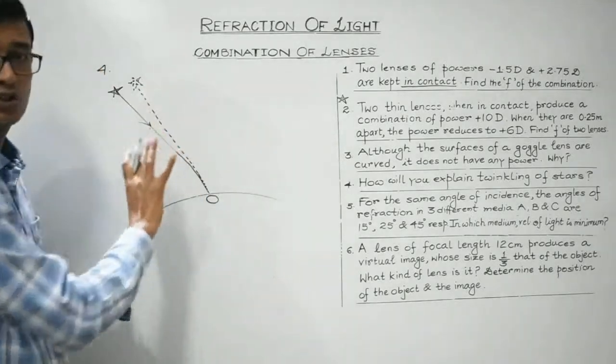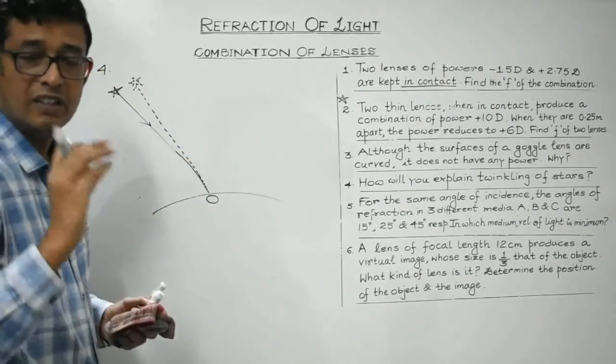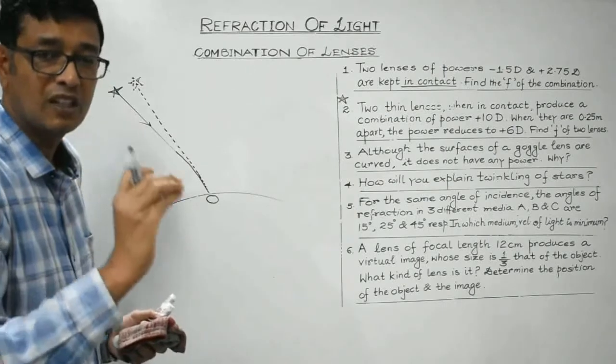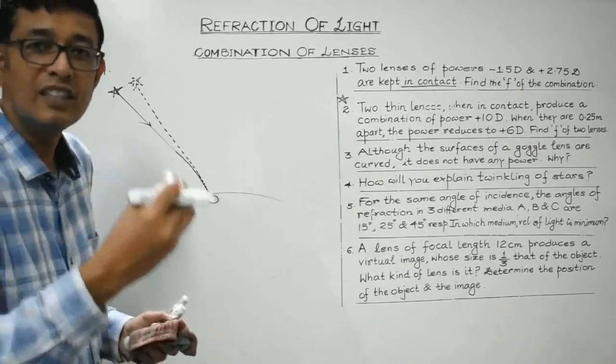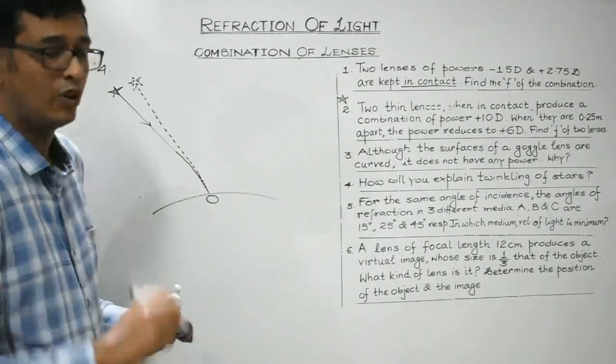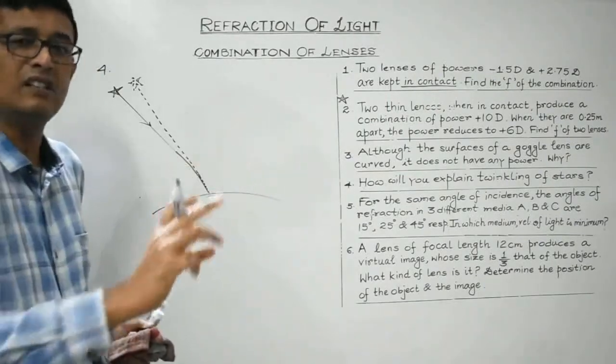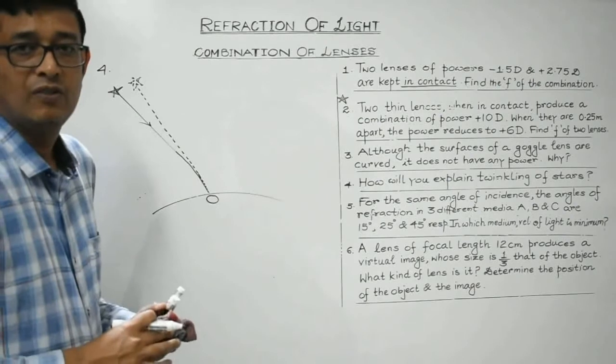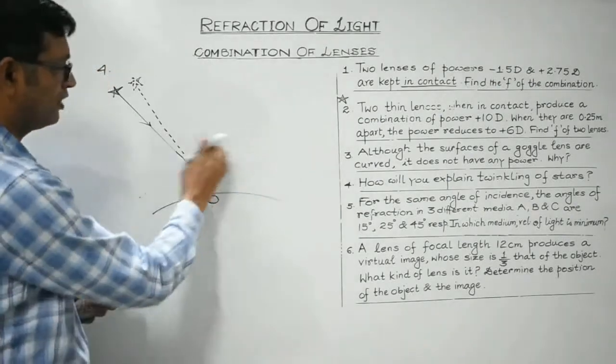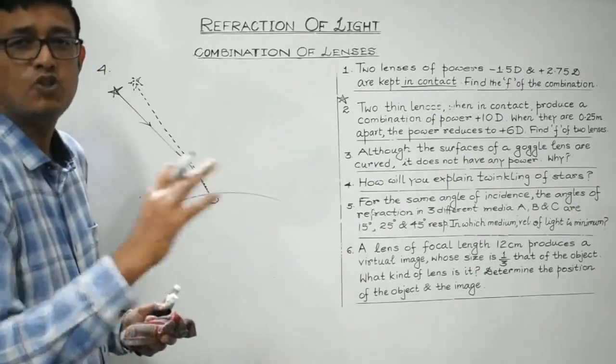So this is understood, isn't it, students? There appears a change in the position of star due to the atmospheric refraction. Now the second point. The atmospheric conditions keep on changing continuously with time. With each second, the temperature, the density, it keeps on changing.